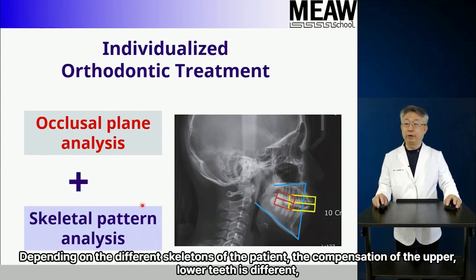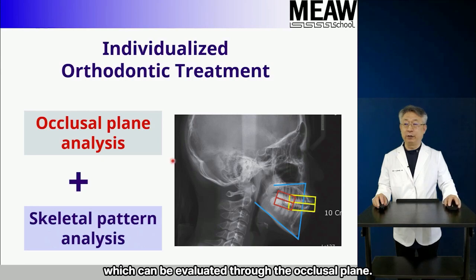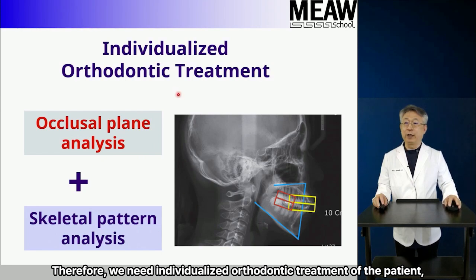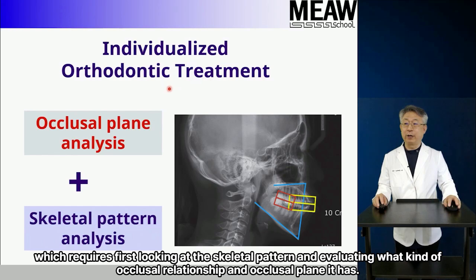Depending on the different skeletons of the patient, the compensation of the upper, lower teeth is different, which can be evaluated through the occlusal plane. Therefore, we need individualized orthodontic treatment of the patient, which requires first looking at the skeletal pattern and evaluating what kind of occlusal relationship and occlusal plane it has.